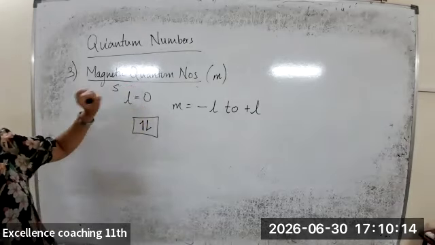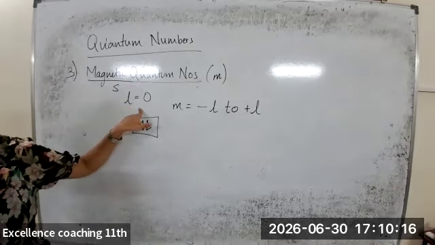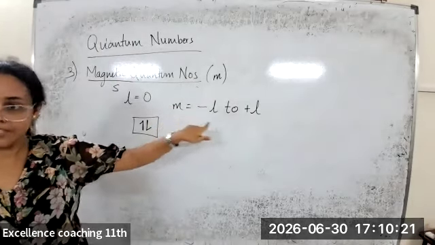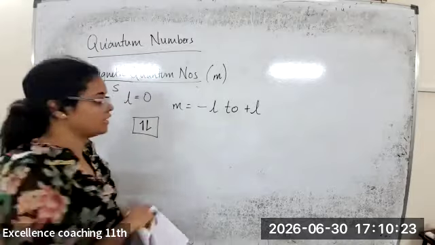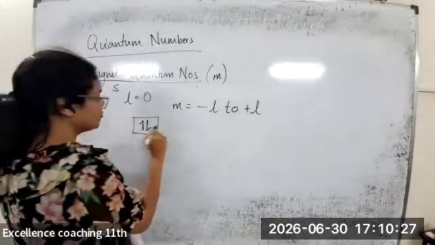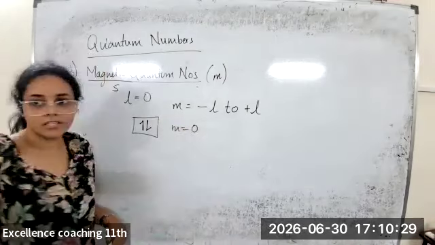So if L is 0 here, and I want to find the value of m, what will the answer be? 0, right? Because 0 can't have negative and positive. So my m value will be 0.